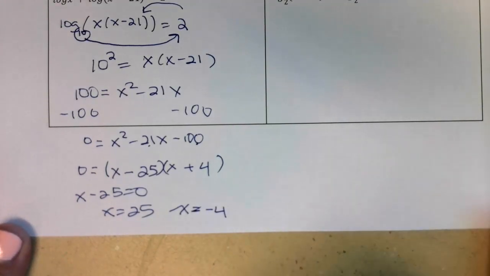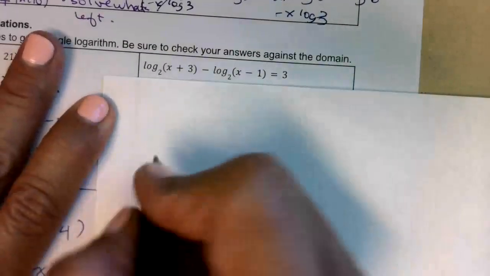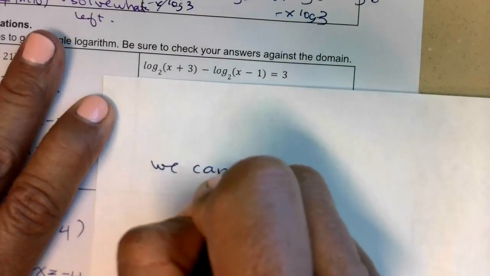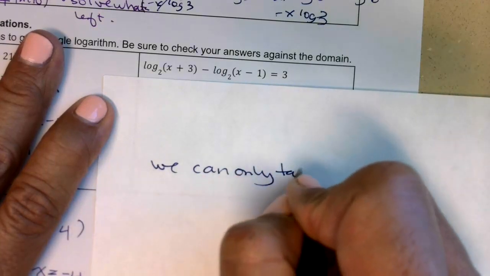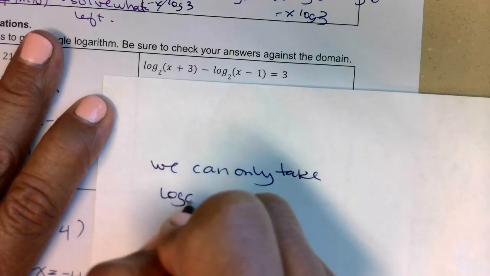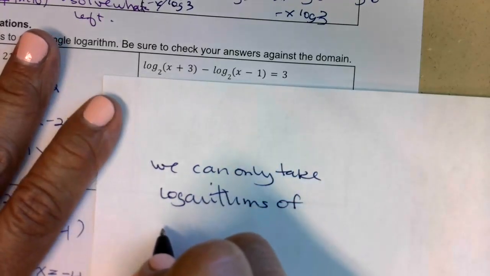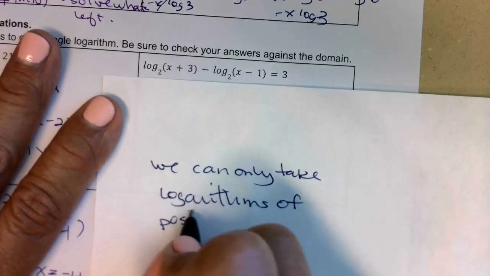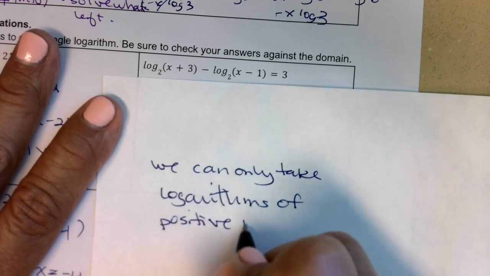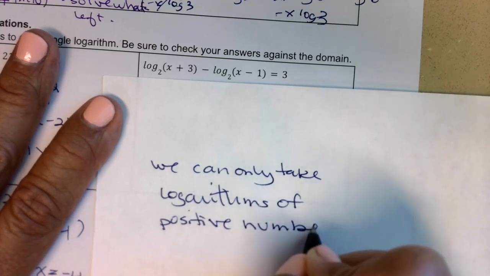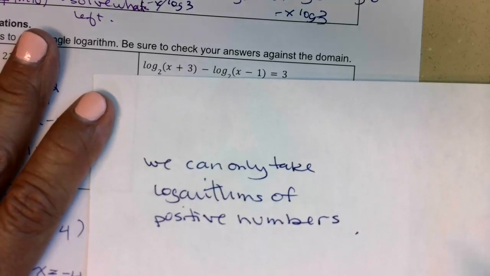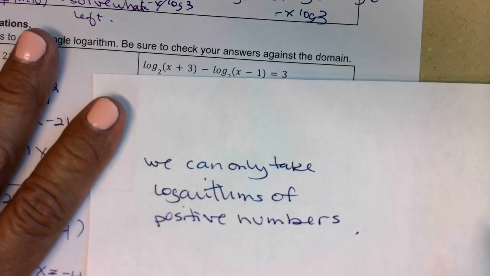Now, with logarithms, remember, we can only take logarithms of positive numbers. Right, there is a big domain restriction on logarithms.